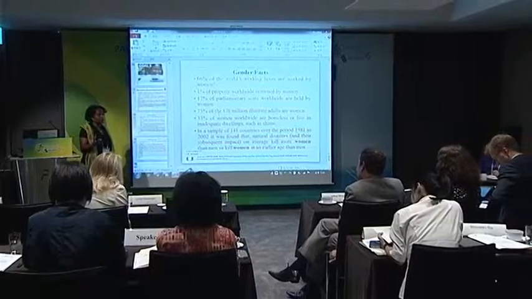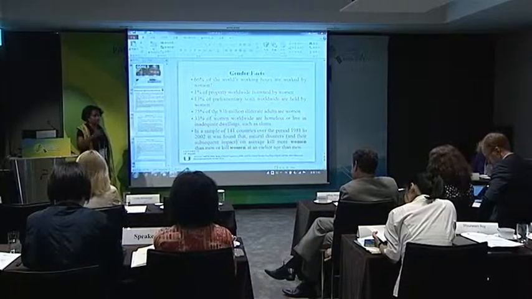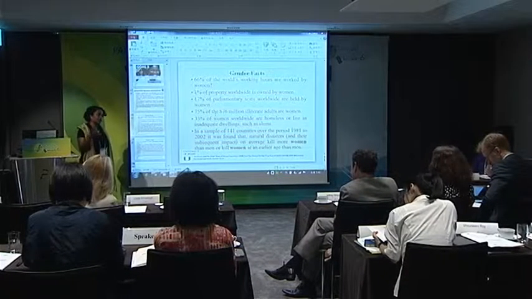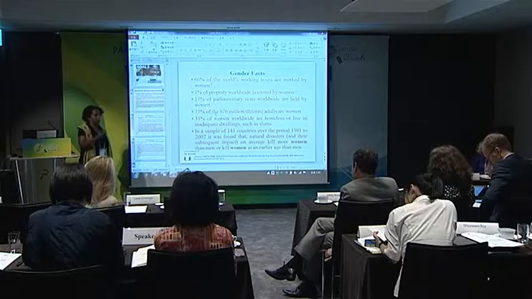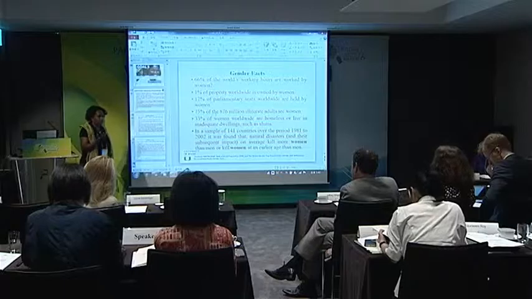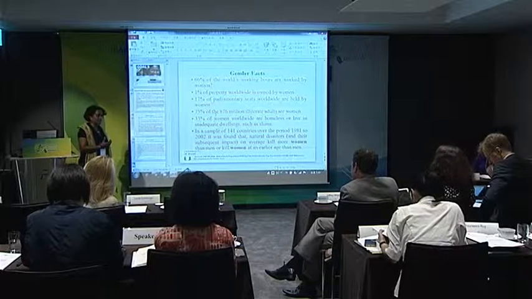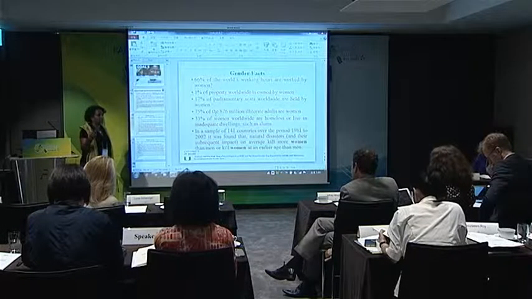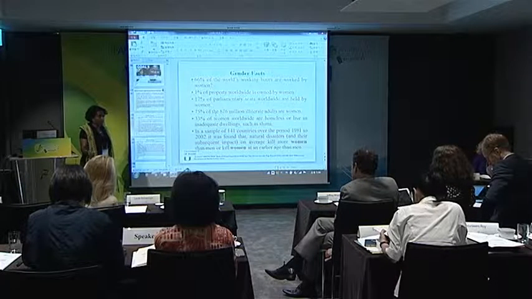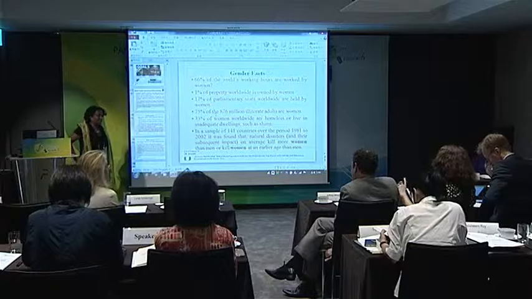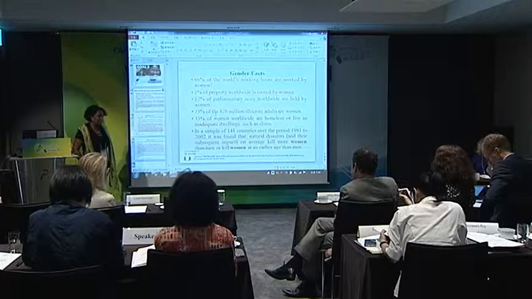So if you think about it, in a typical family, the mother will eat last. The man will come and eat first, and then the kids get the food, and then last is the mother. And that's why malnutrition among women is very common, especially in the developing countries. Yes, it's a combination of gender and poverty, or poverty and gender.